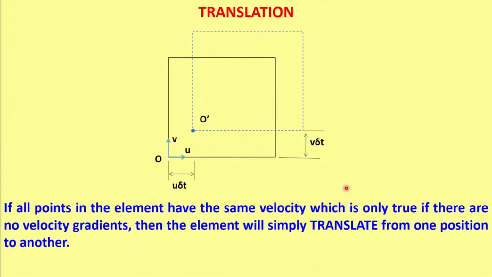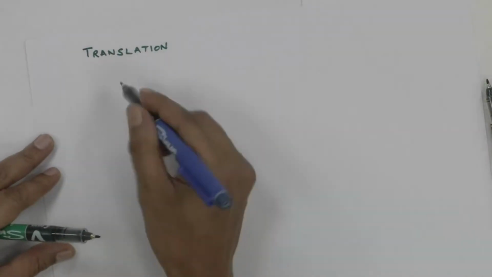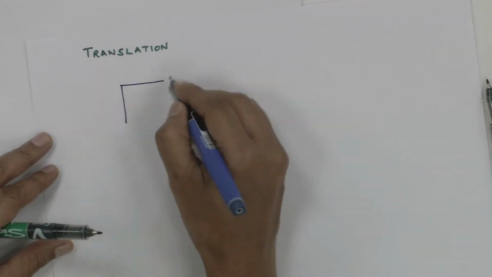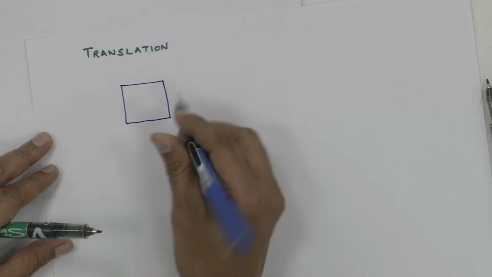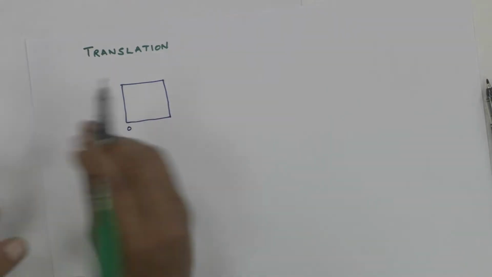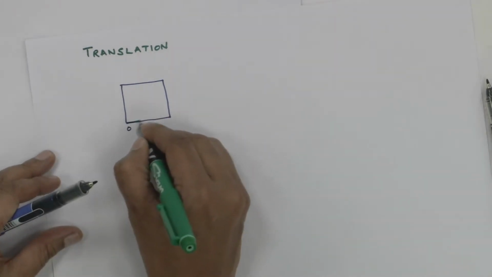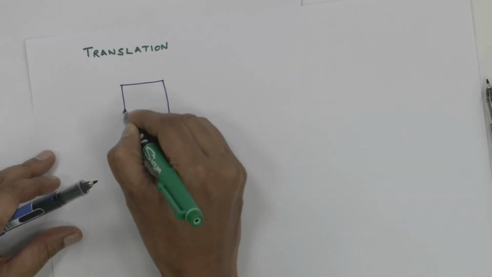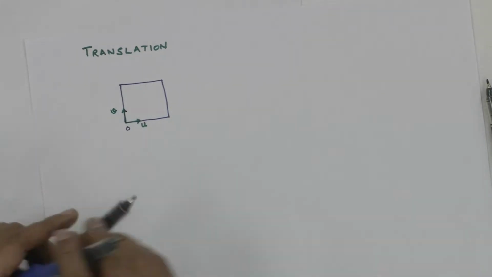Now this is translation. In translation, you have the fluid particle, we are visualizing it as a kind of a square, O, and you have velocities u and v in the x and y direction.